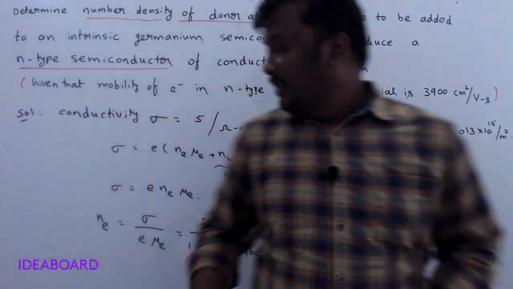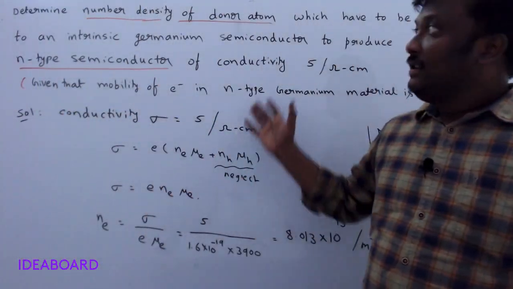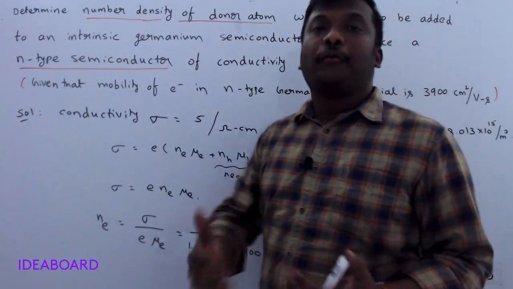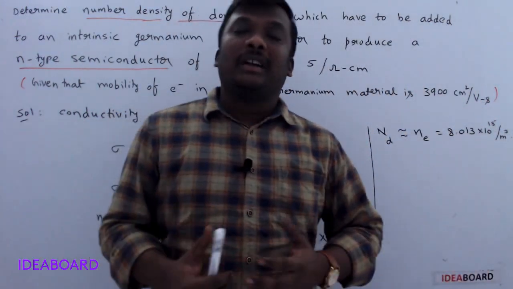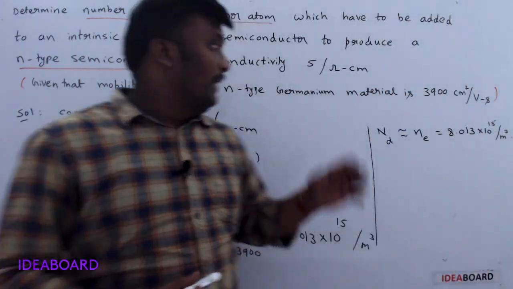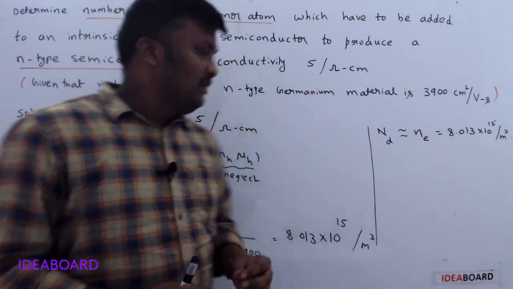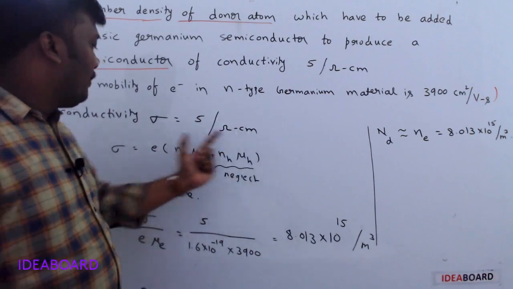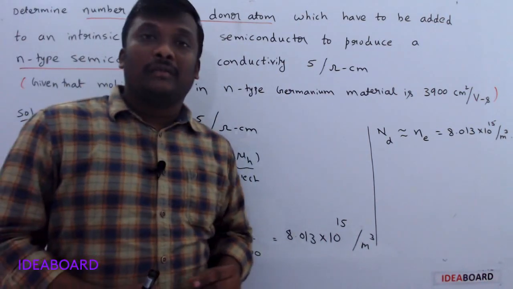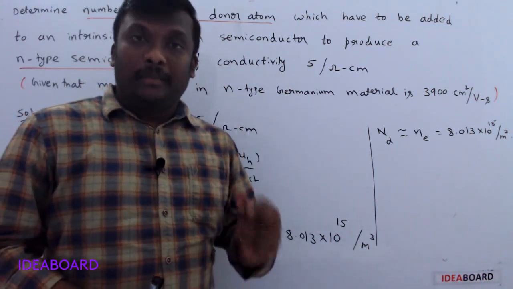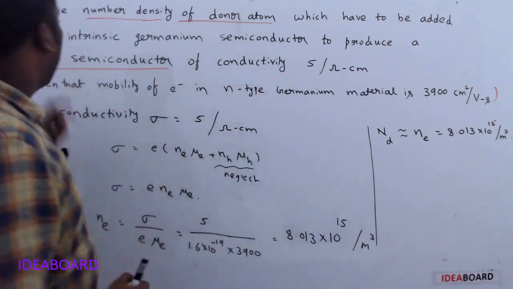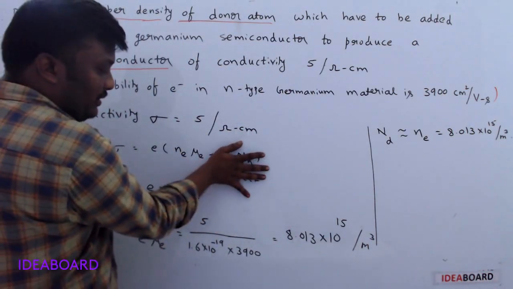Numerical formulas are very few in this portion, but the way of questioning is different. Try to understand the question and make the solution like this. Understand? In an intrinsic semiconductor, you can use the total formula. In the case of an extrinsic semiconductor, means in an n-type semiconductor, neglect the holes.